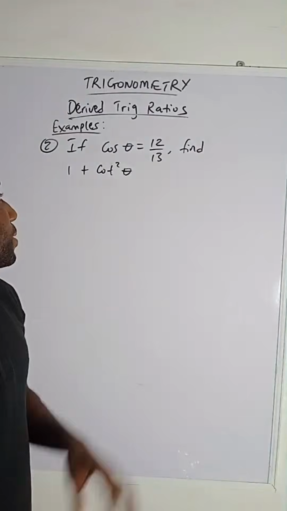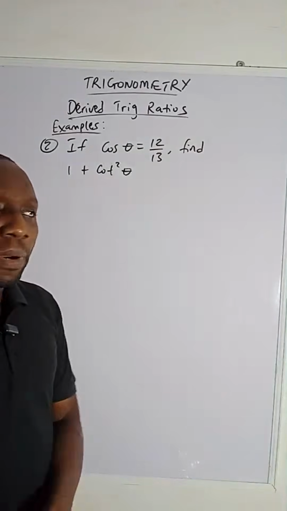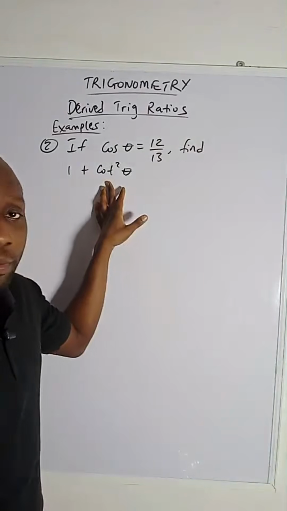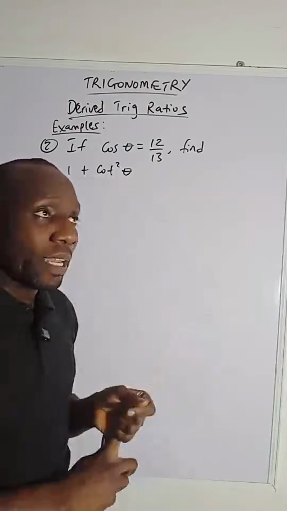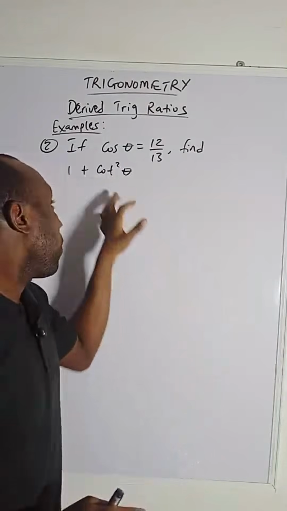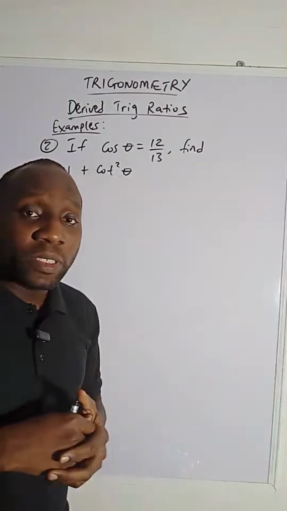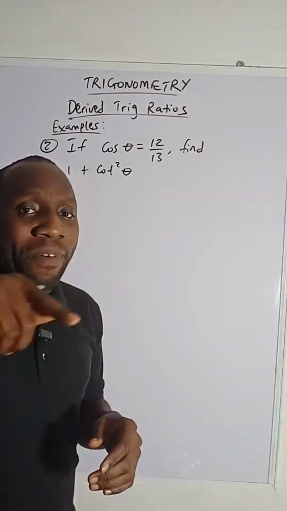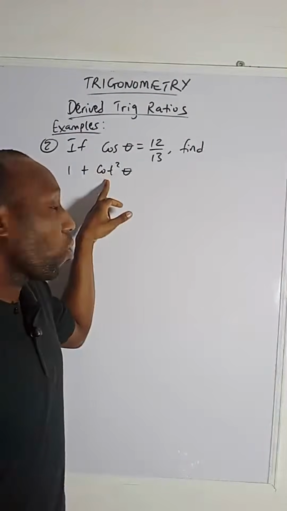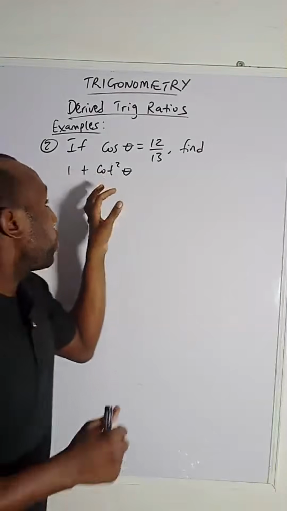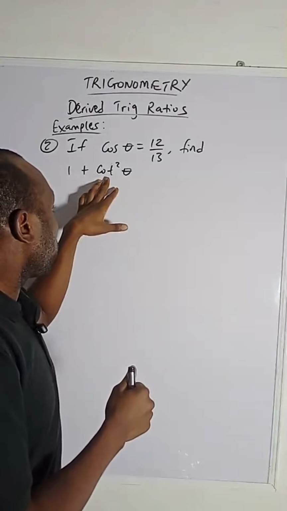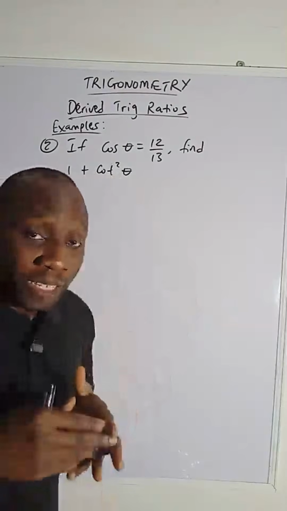Okay. We talked about cot. Sec, cosec. Cot is the inverse of tan. 1 over tan is cot. So for us to be able to find 1 plus cot squared theta, we need to know what tan is.